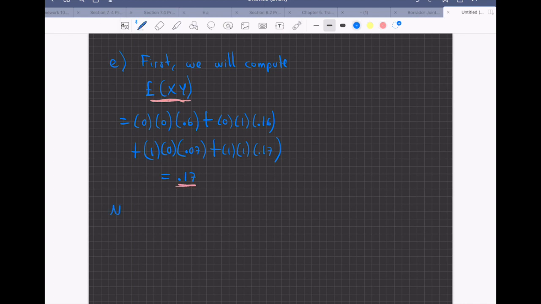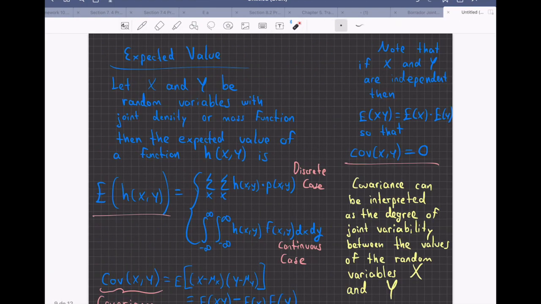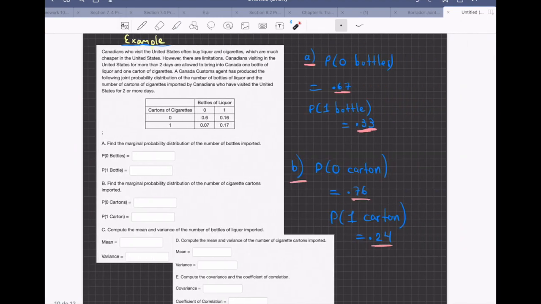Now, once we have this, for the covariance of x and y you can use this formula. Covariance is equal to the expected value of x times y minus the product of the corresponding means or expected values.